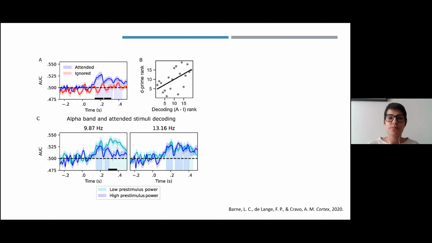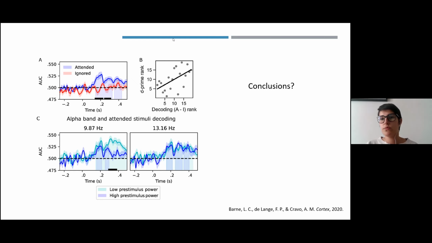But in a sense, the prestimulus alpha power is changing how well the sensory processing is doing, but not in an early time window. So you can see that it's not the same as we see for attended and ignored stimuli.